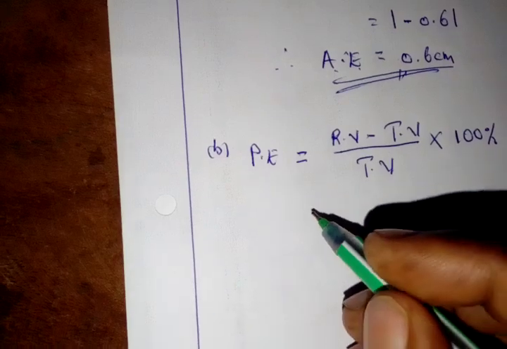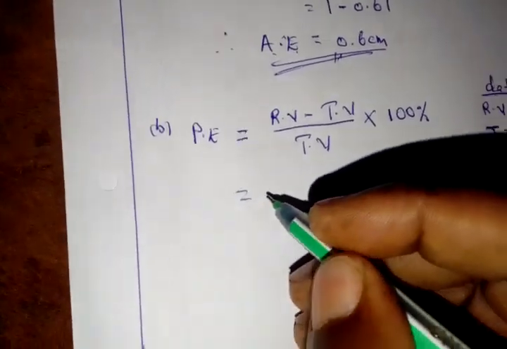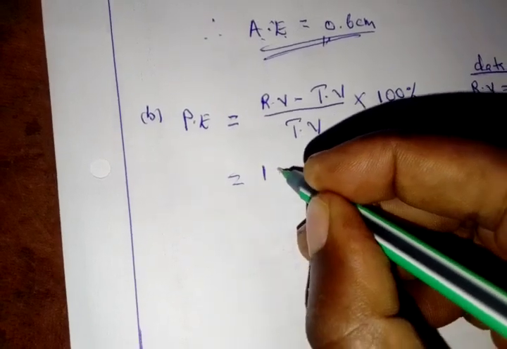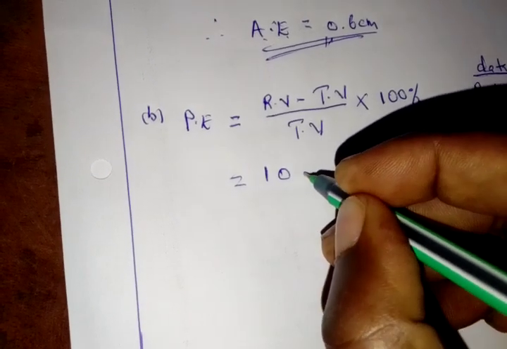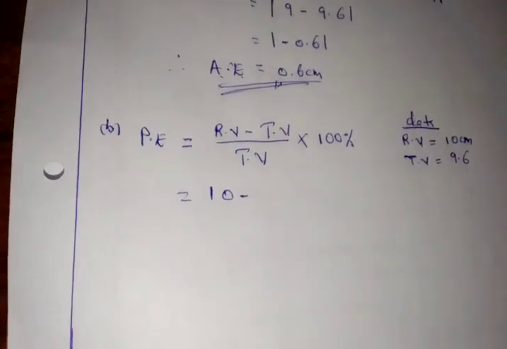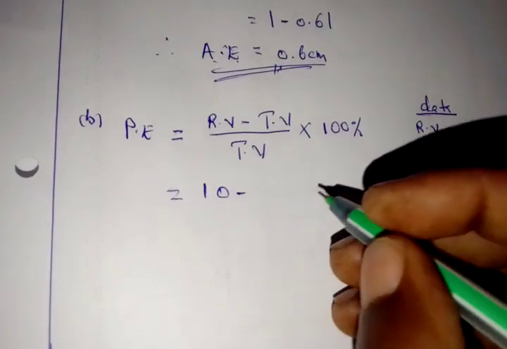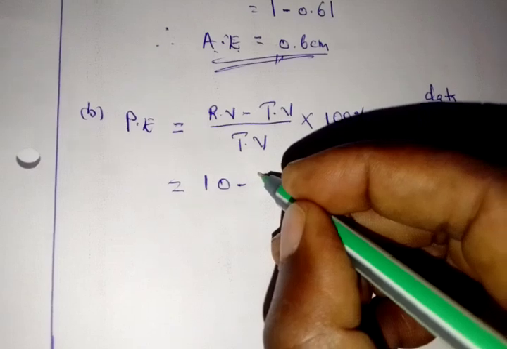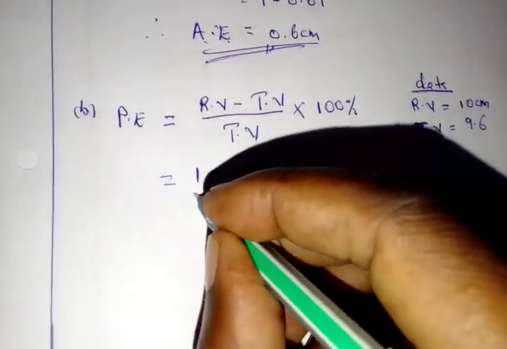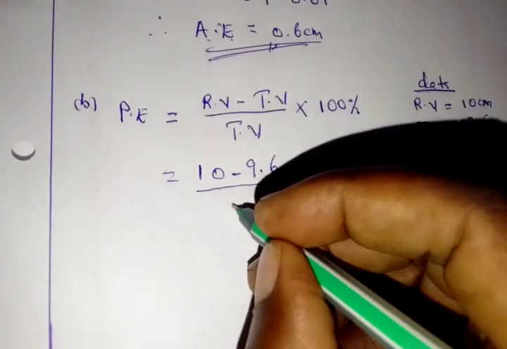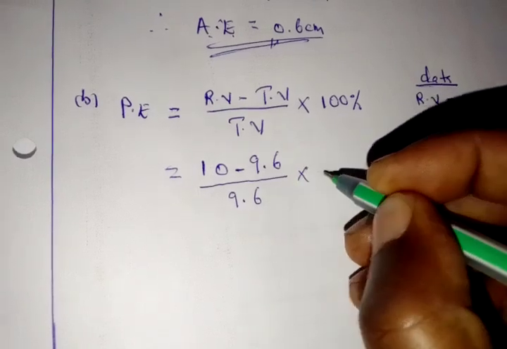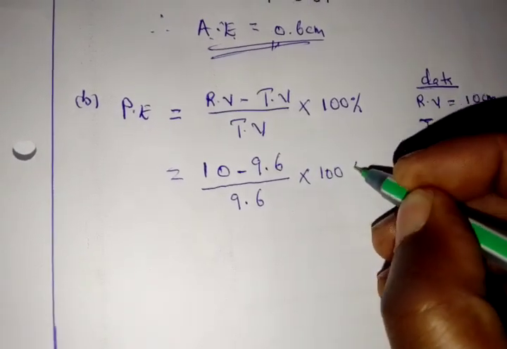So we're going to have recorded value is 10, so we put 10 here. 10 minus the true value, which is 9.6, over the true value, the same 9.6. Then we say times 100%.